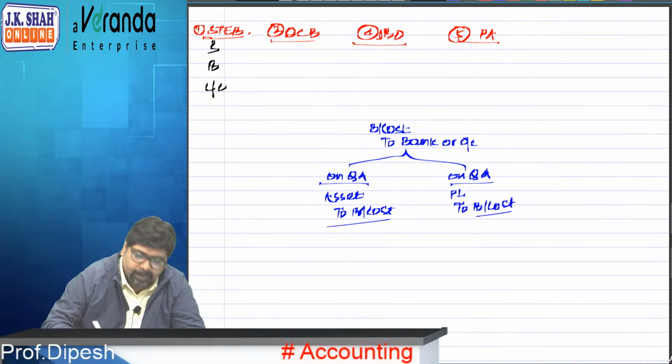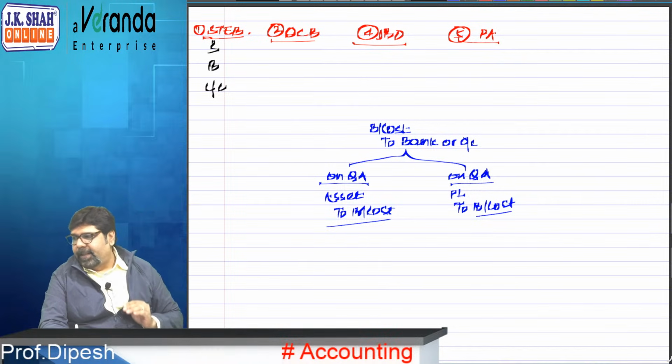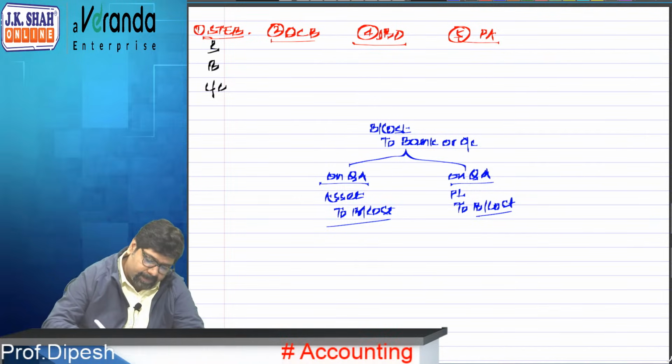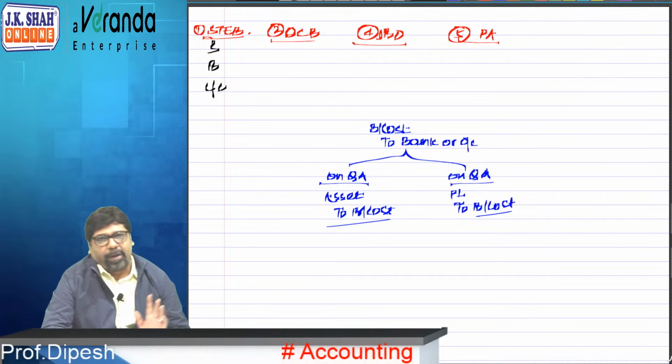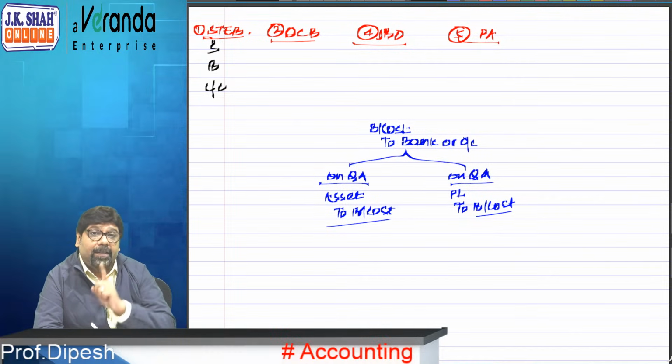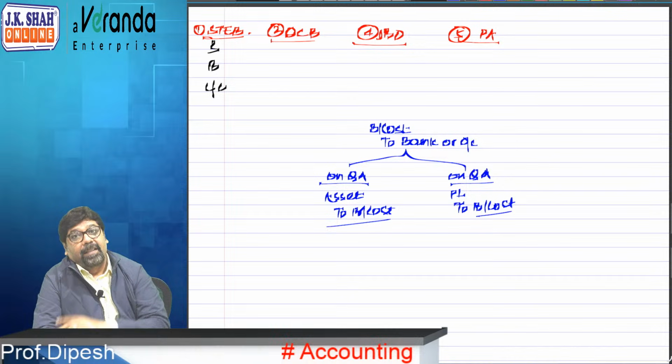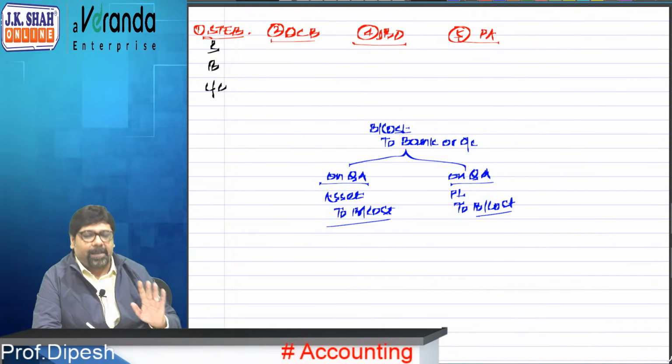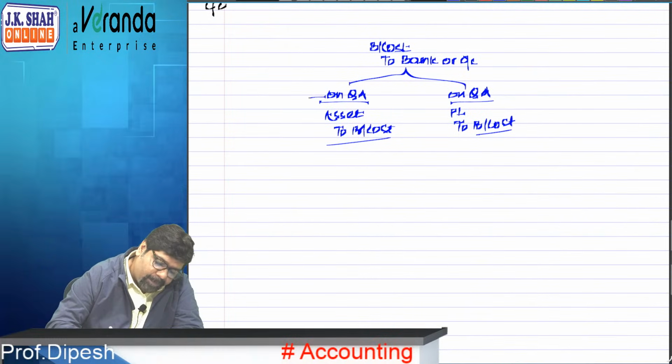Any problem? No, sir. Till here everything is fine? Yes, sir. So, treatment of borrowing cost you understood. If borrowing cost is incurred on qualifying asset, then it should be capitalized, else it should be charged to P&L. What is qualifying asset?